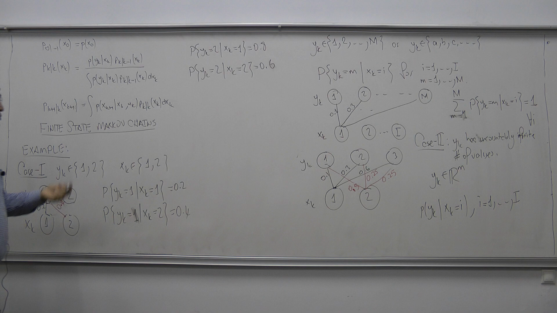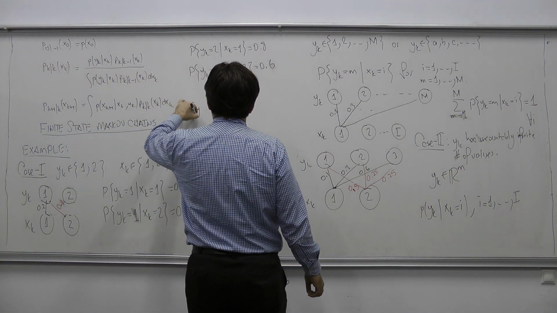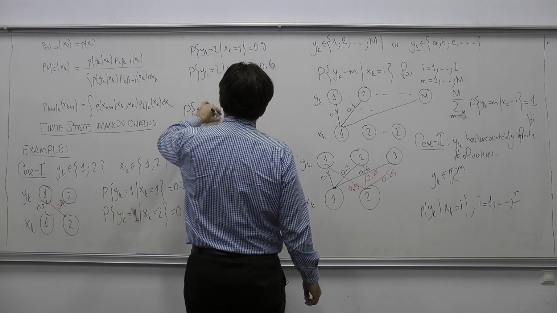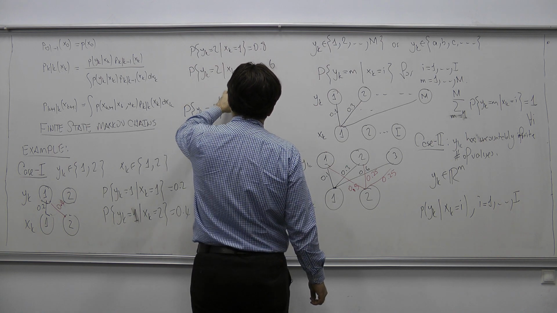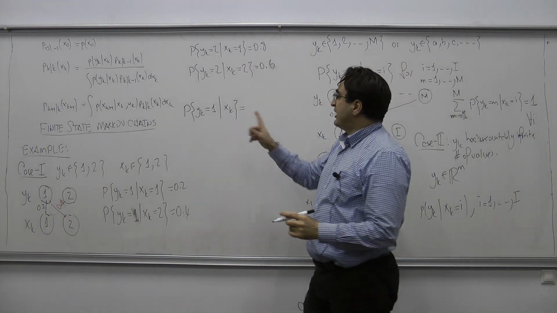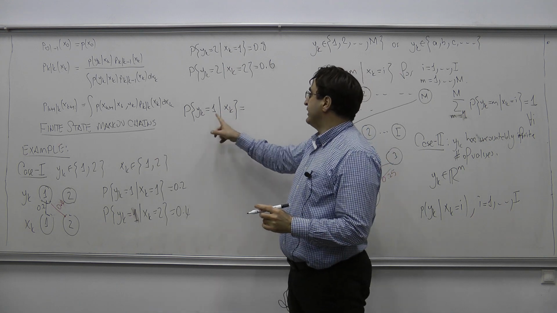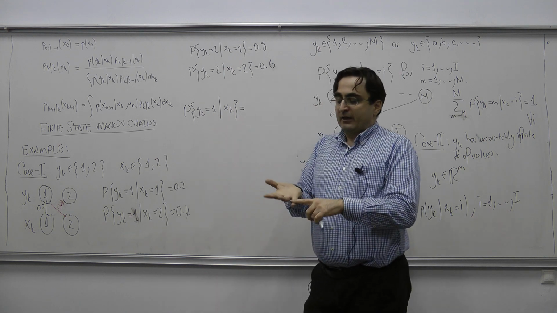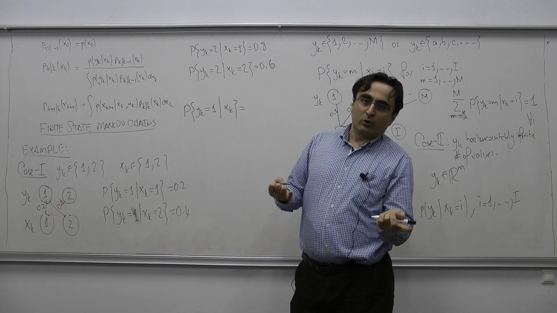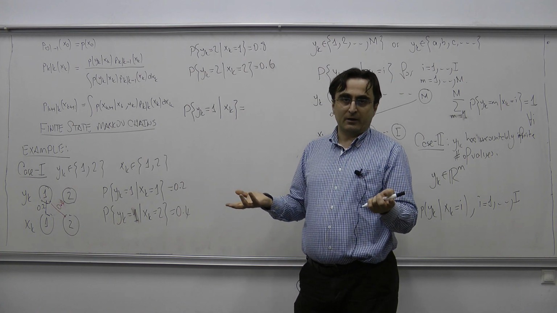In this case, usually we can show the likelihood as follows. Probability that yk is equal to 1 given xk. In this case, I write this likelihood as we are going to use this in the estimation. In the estimation, either yk is going to be equal to 1 or yk is going to be equal to 2 at any time. Okay?